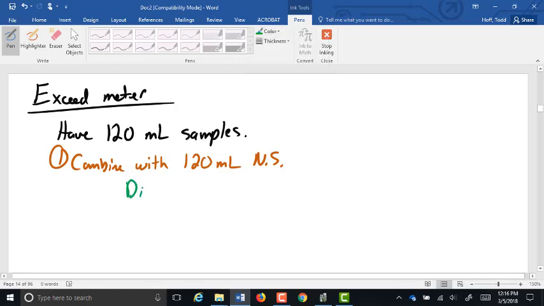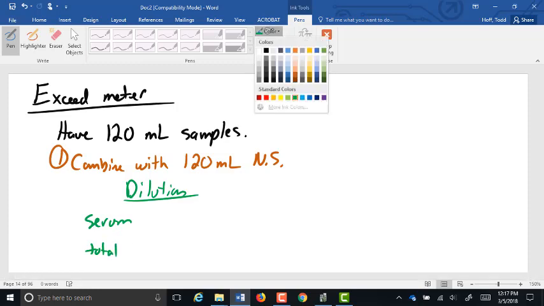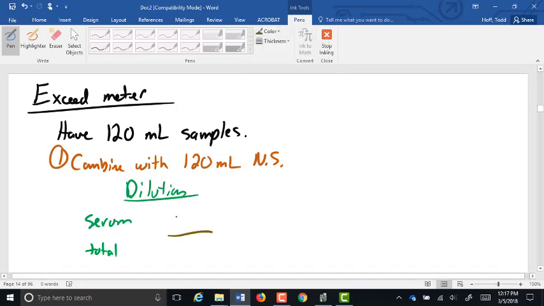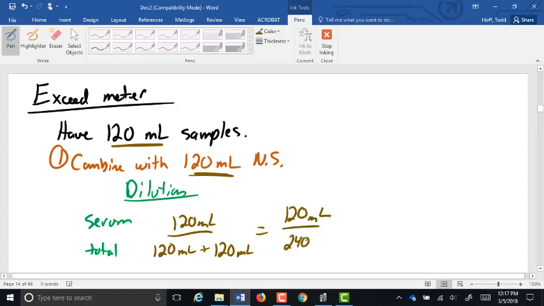That's going to give us a dilution of serum to total. Our total is 120 milliliters of blood plus the 120 milliliters of saline, which gives 120 over 240.